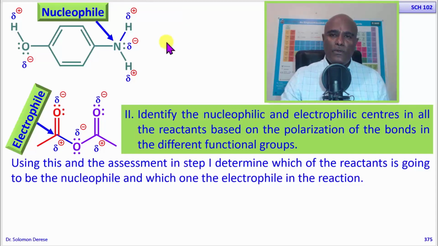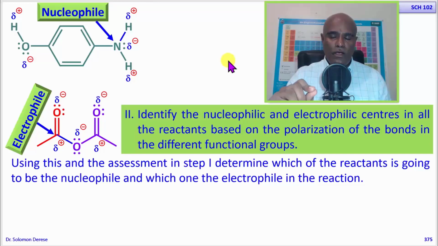So in these molecules, we have to determine the most electron-rich and the most electron-deficient centers. We have to determine the most nucleophilic and the most electrophilic centers in the reacting species, because at the end of the day, the reaction is going to be between these most electrophilic and most nucleophilic centers, because the reaction is going to be driven by the Coulombic force of attraction.